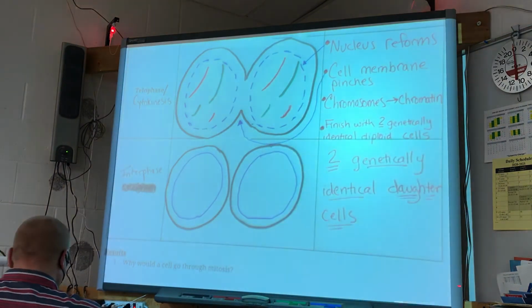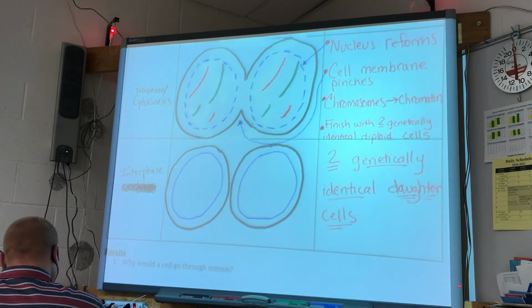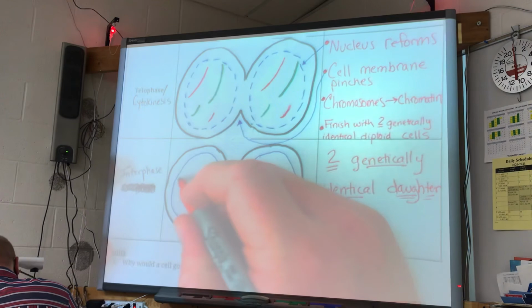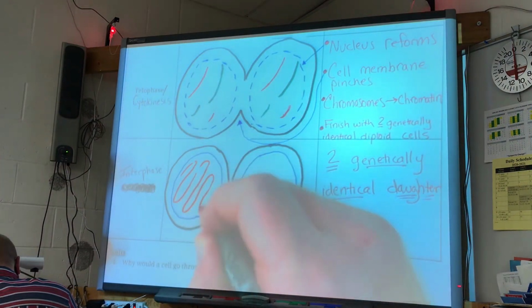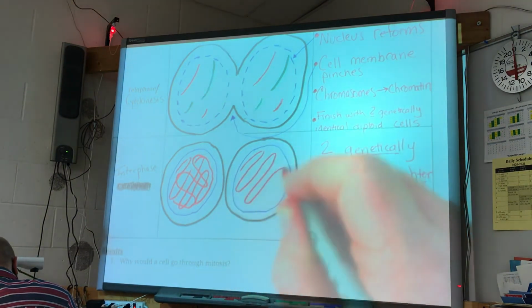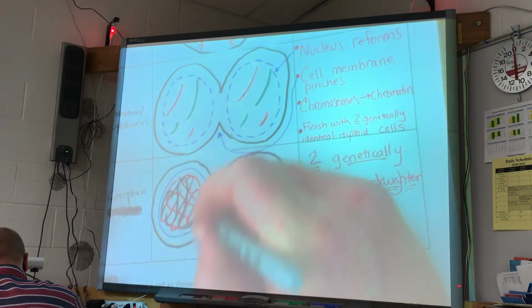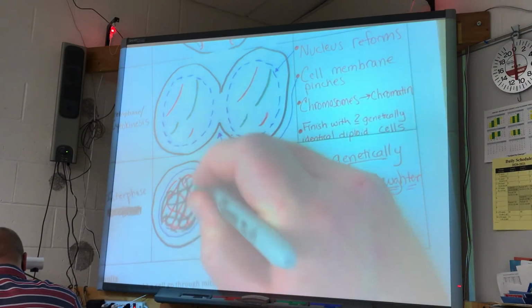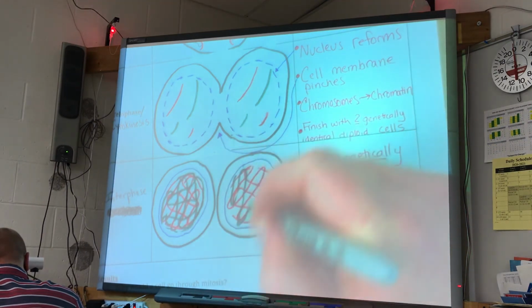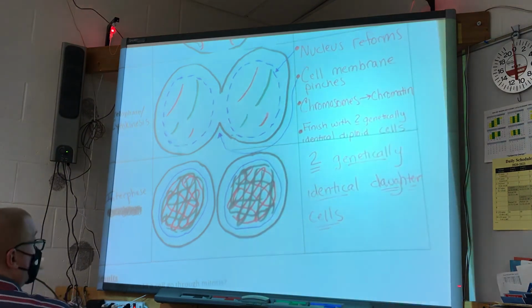Okay, so we have 2 cells that both have a nucleus, and both of them are a bowl full of spaghetti, a bunch of uncoiled squiggly lines, and we end up with 2 genetically identical, they call them daughter cells. They start with a parent cell, and we end up with 2 genetically identical daughter cells. The parent cell divides into daughter cells.